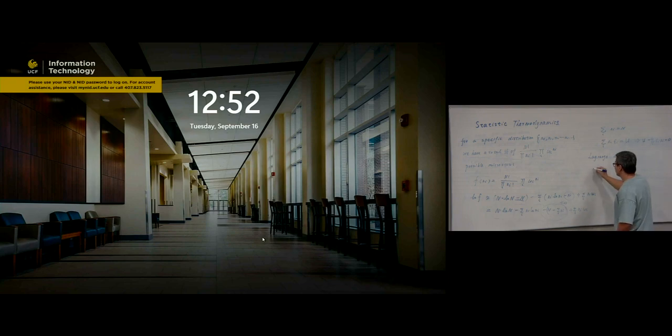So it looks like this: ln f minus or plus, doesn't matter, alpha times (N minus sigma i Ni), and minus beta times (U minus sigma i Ni epsilon i).